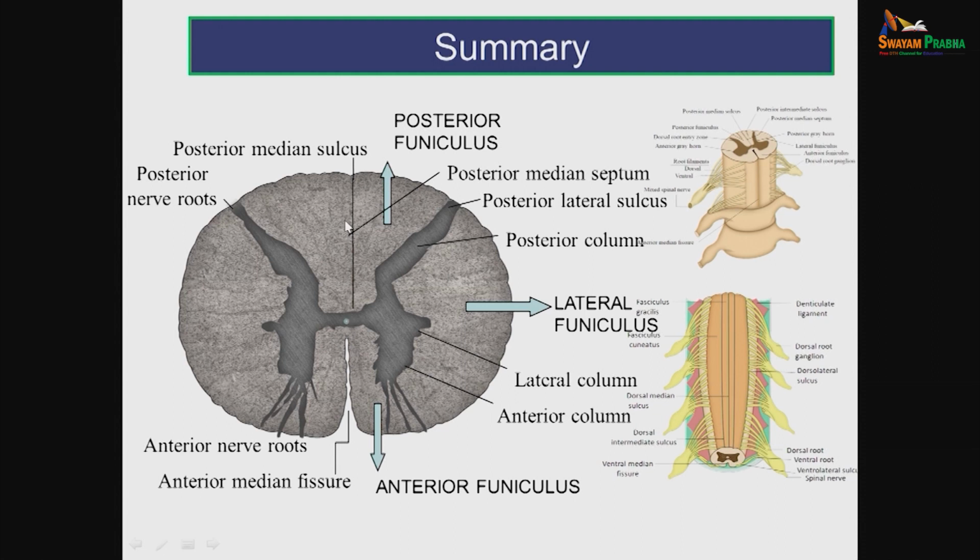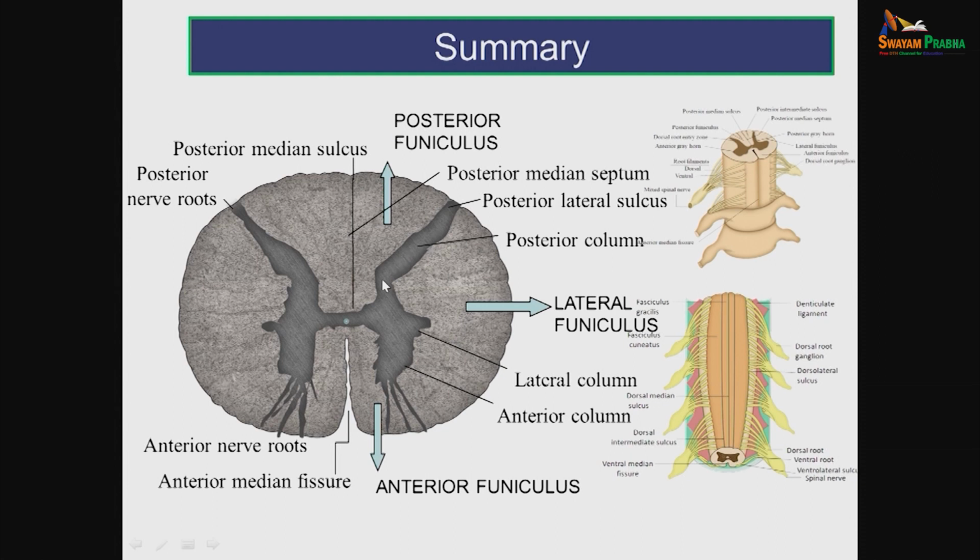Then we talked about the white matter. We divided it into an anterior white column, lateral white column and posterior white column. The white matter is composed of nerve fibers, neuroglia and blood vessels. The whiteness is due to the myelination of the nerve fibers.